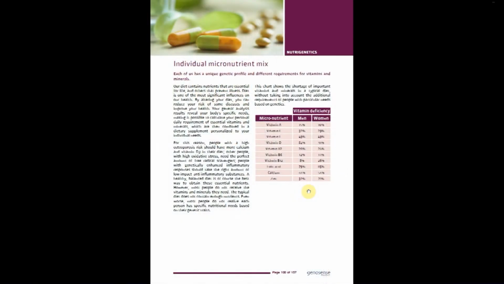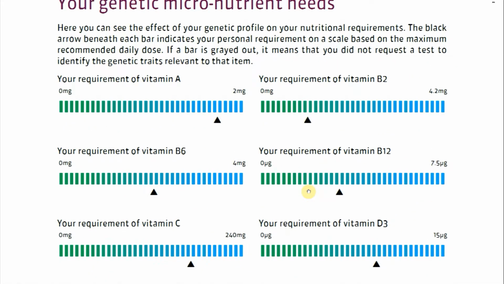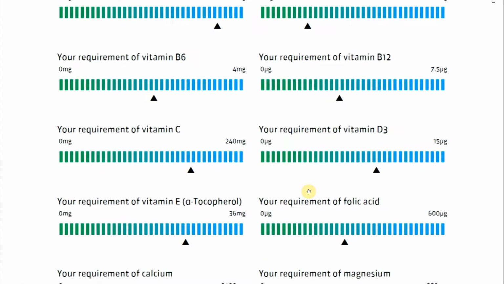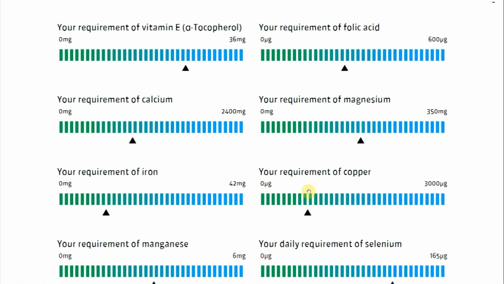So here again is information about micronutrients, and here you see some scales, and you see your requirement of vitamin A. So it's actually quite high in this case. Vitamin B6 is moderate, vitamin C is a little higher, vitamin E is same, calcium is lower, iron is quite low, and so on.